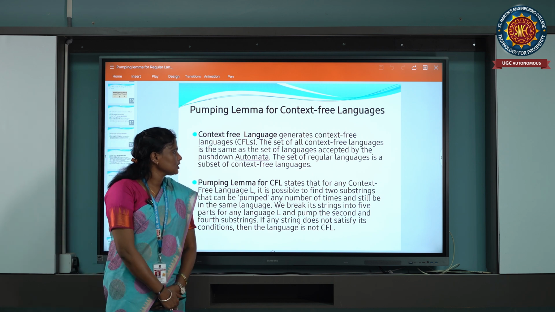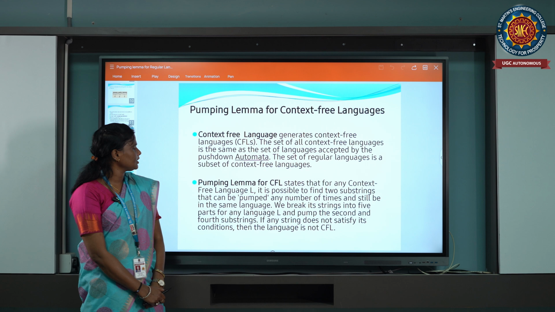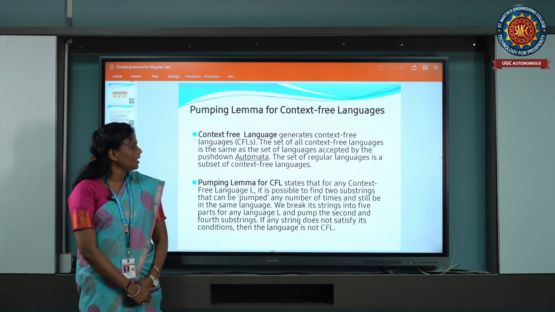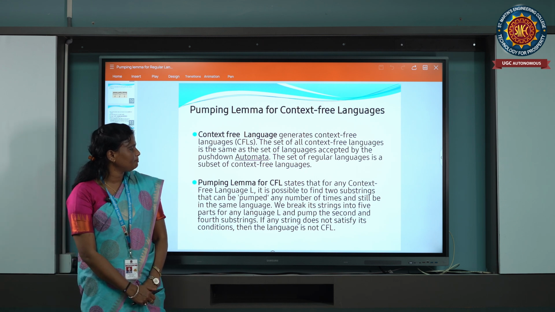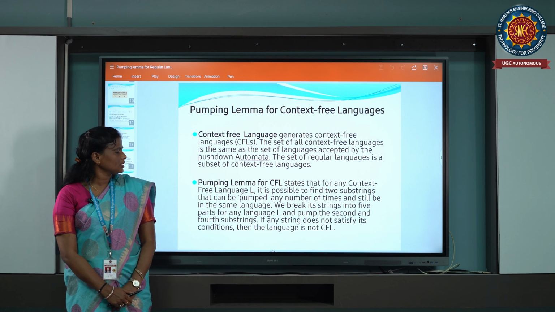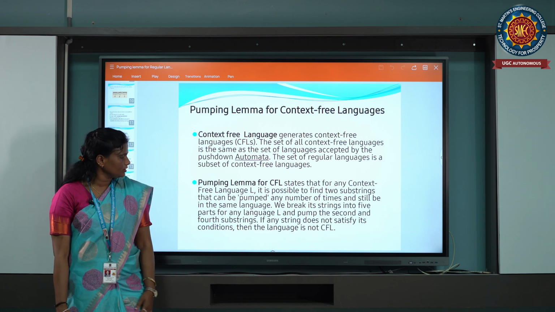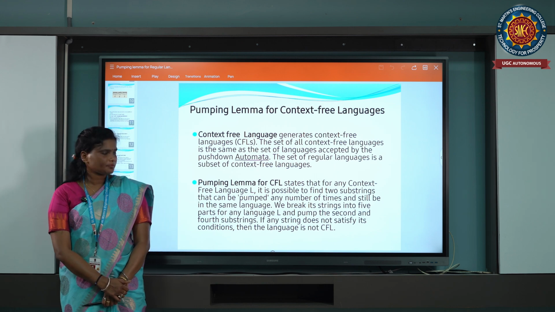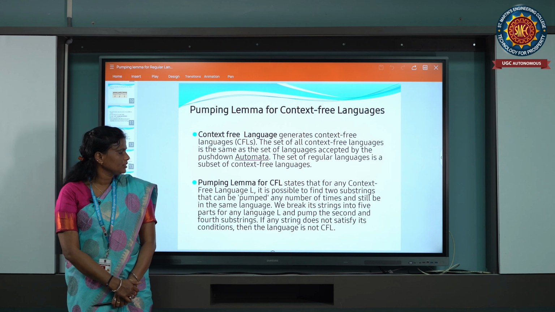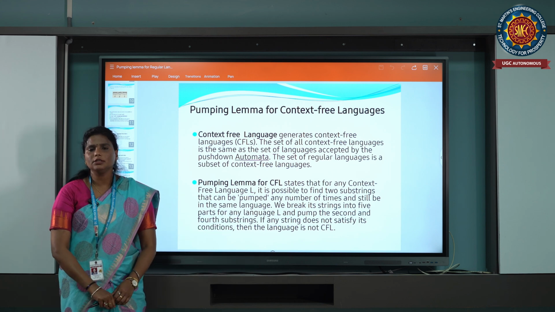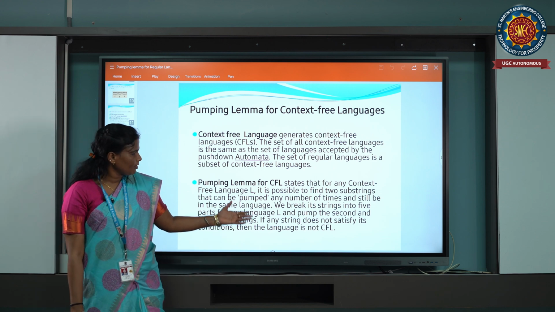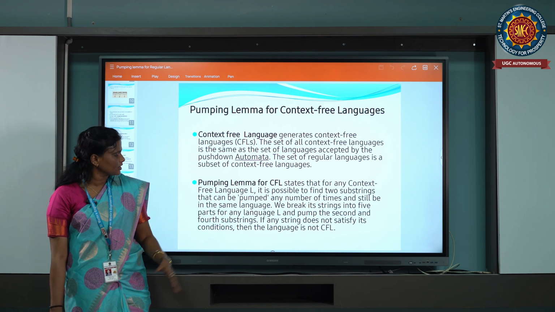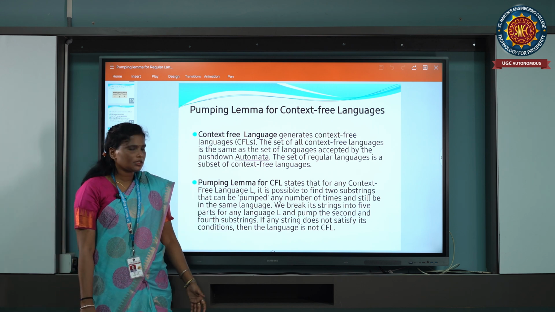The pumping lemma for context-free languages says that for any context-free language L, it is possible to find two substrings that can be pumped any number of times, and the result will still be contained in the language. In this pumping lemma, we pump the second and fourth substrings of the string with the conditions.